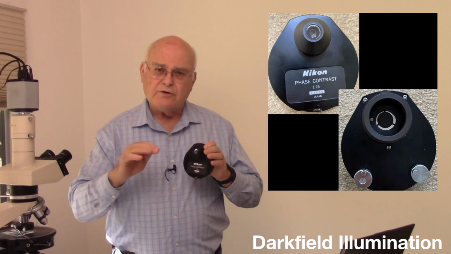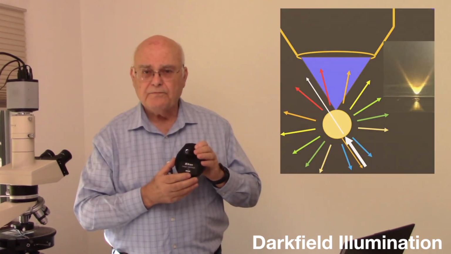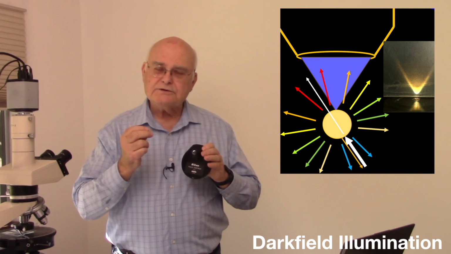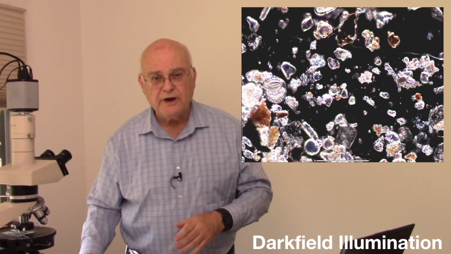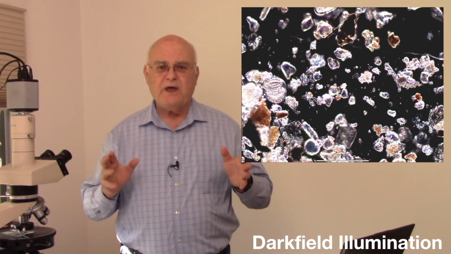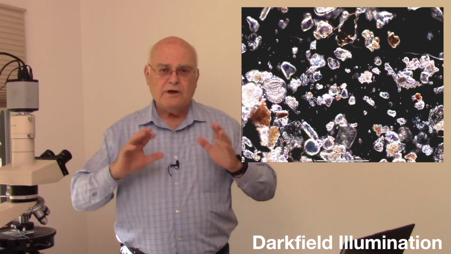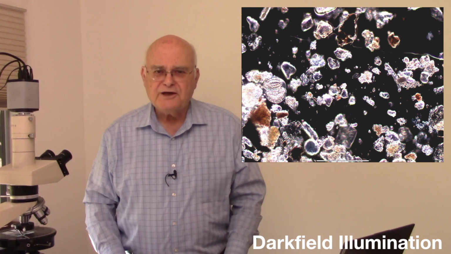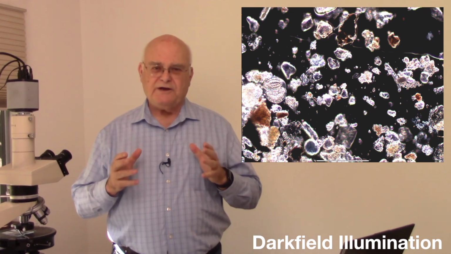So our background goes black because no direct light can come through. But our particles become bright. One of the advantages of that kind of illumination is that it doesn't make any difference whether your particle is opaque or colored or any other combination of those things. The particle will show up bright.